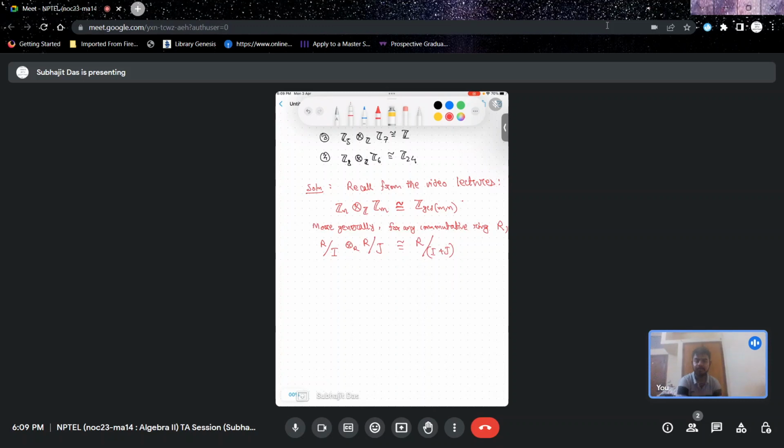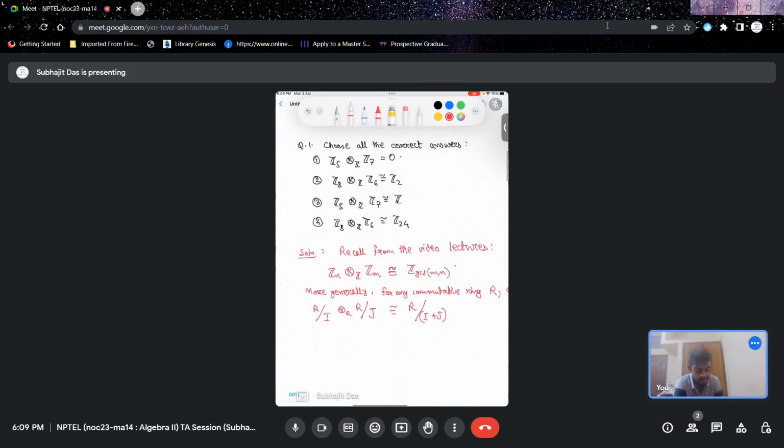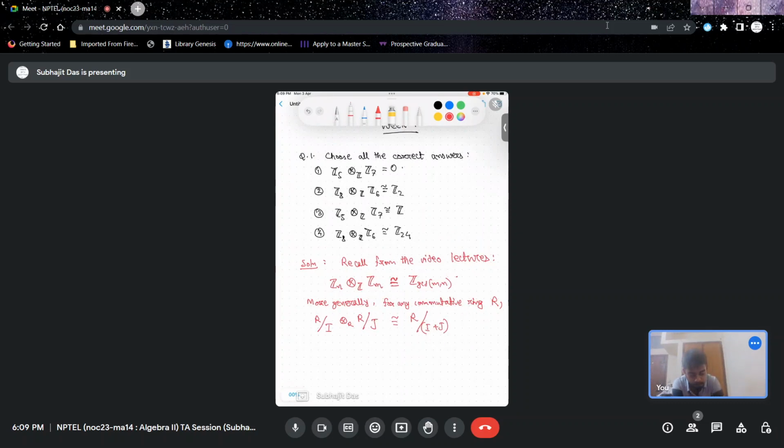Using either the first or, more generally, the second statement, we can right away see that option 1 is correct, because the GCD of 5 and 7 is 1. So this is isomorphic to Z1, in other words Z quotiented by Z, which is 0. For option 2, the GCD of 8 and 6 is 2, so option 2 is also correct.